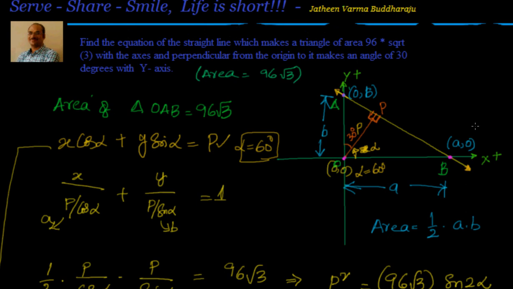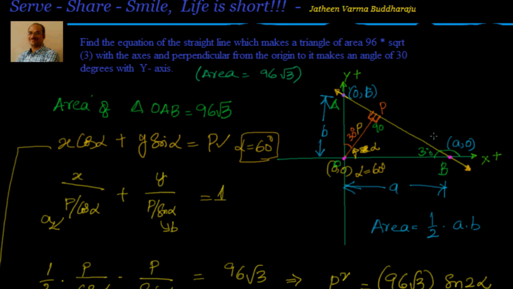Now how can you do this without using the normal form? Let's think about that. I want the equation of the straight line. I know that alpha is 60 degrees, so this is again 90 degrees. That means the angle here at B is 30 degrees inside.